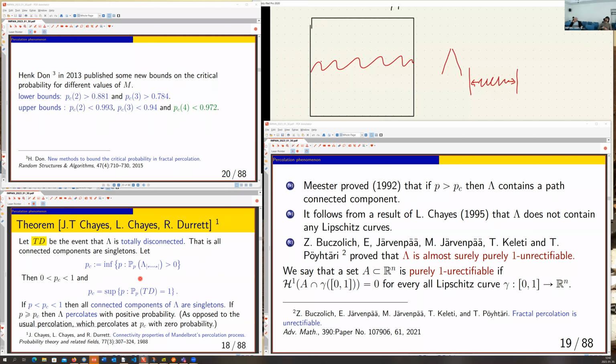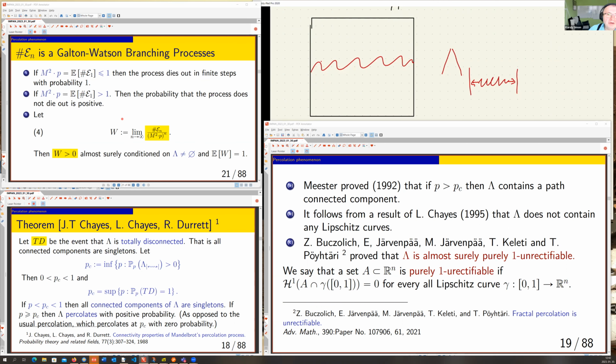And this immediately implies positive probability of having long components, connecting left to right or up to down. And below the critical parameter, almost surely there aren't any components larger than 1 point, so of course they do not connect anything to anything. Okay, go on.